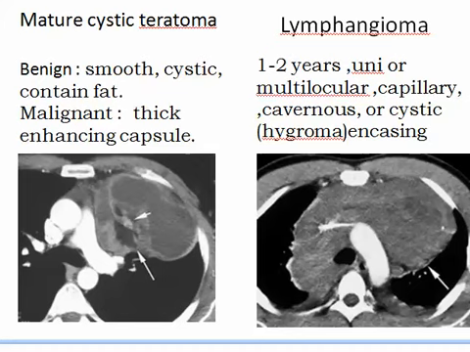The second thing which can occur is the lymphangioma or hygroma, sometimes called cystic hygroma, usually at 1 to 2 years of age, uni or multilocular. It could be capillary, cavernous, or cystic, and usually encases mediastinal structures. It may extend to the neck, or it starts in the neck and extends into the chest.